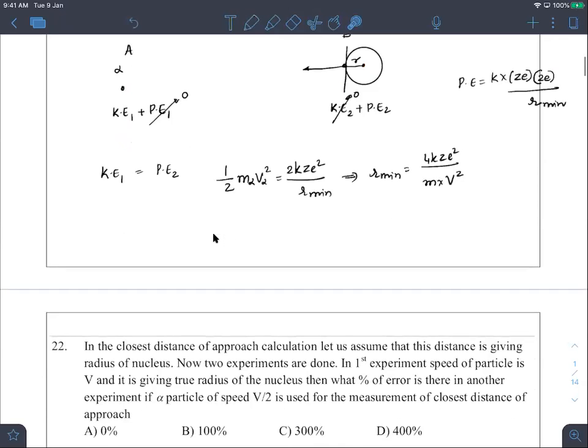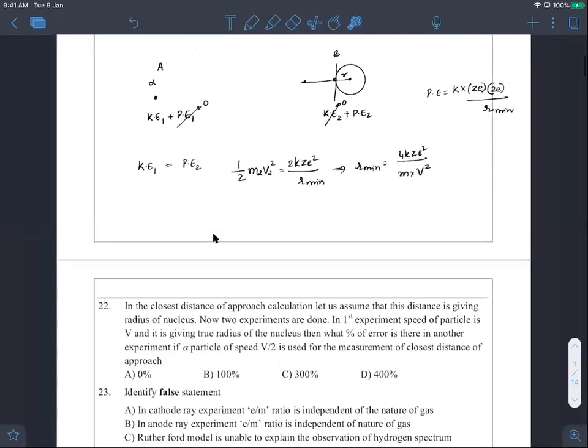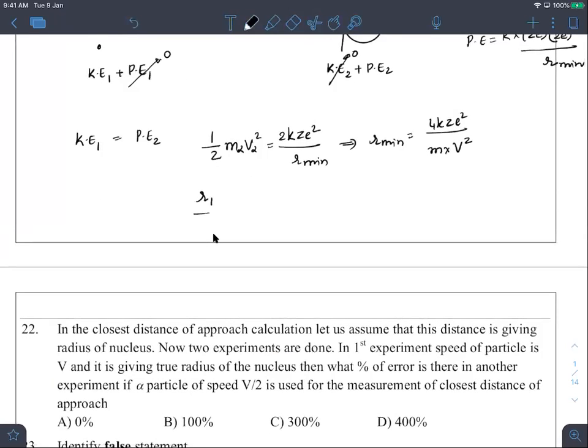So from here, when you are comparing the speeds, as per the question, you are supposed to compare the speeds, right? Which is given with or without error. Without error, it was V. With error, it is V by 2. So if we consider that, R minimum, first I'll call it R1 by R2, that should be equal to V by 2 whole square, which means R1 should be equal to 4 times R2.